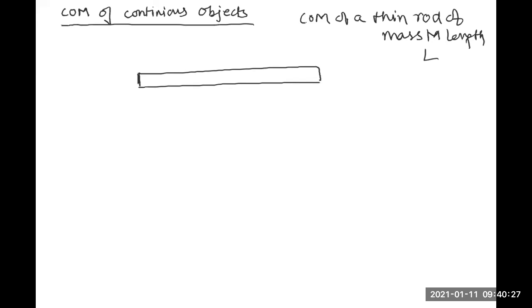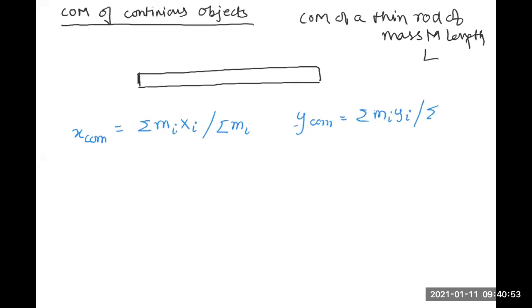We know that the x coordinate of center of mass of an object is given by summation mi xi divided by summation mi. Right? And we know that the y coordinate of center of mass is given by summation mi yi divided by summation mi.